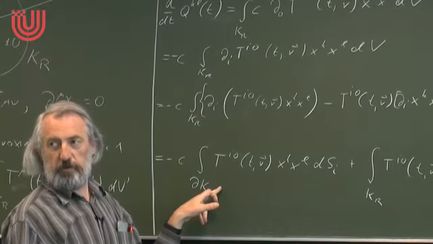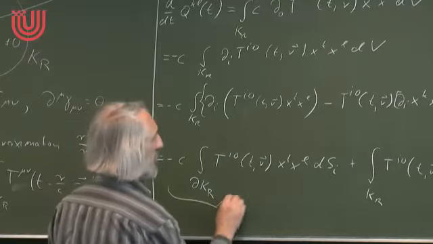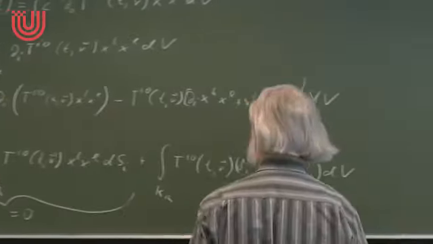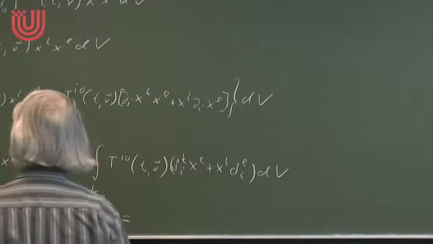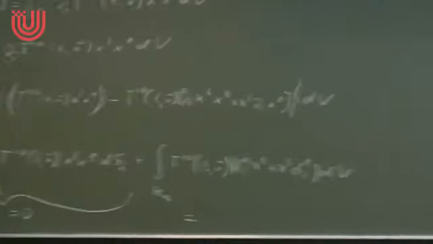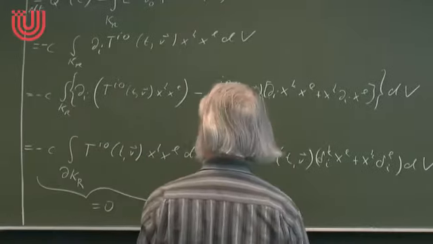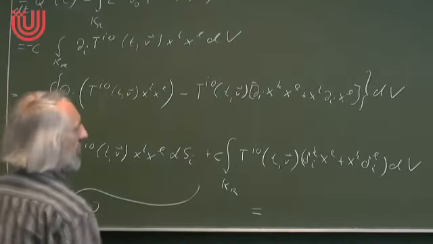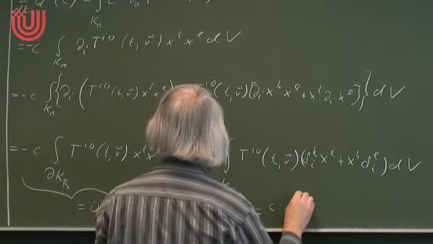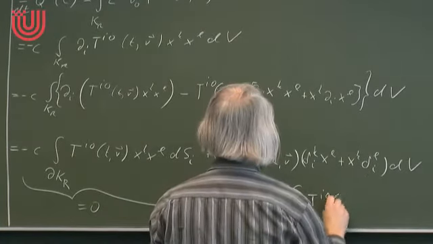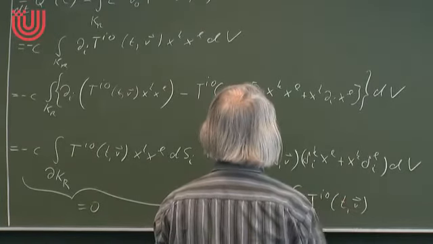So on the boundary it is equal to 0. So this integral is 0. And I end up with a comparatively nice expression. I end up with, is it a minus? No, yes, it's a plus sign, it's correct. But I think I forgot the c, right? I forgot the c here, yes. So it is c times integral over K_R T^{i0}(t, r).